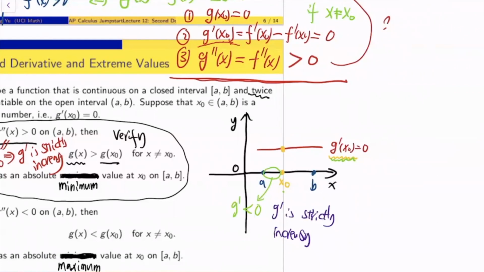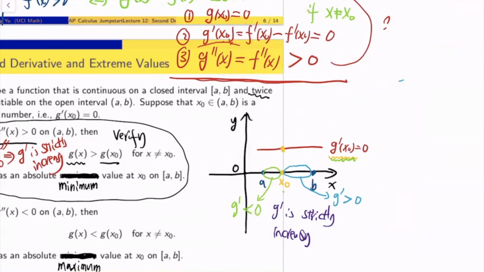On the other side, g prime will be strictly bigger than 0. So on the left-hand side of x0 it will be less than 0, and on the right-hand side it will be greater than 0.